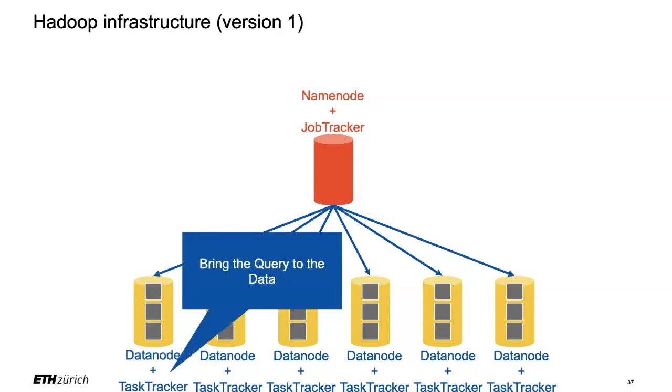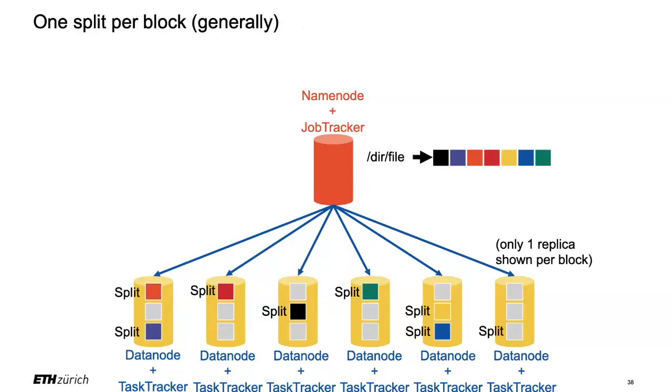This is very powerful. It is called bringing the query to the data. Instead of trying to move the data to some place where you run the calculations, you move the calculations directly to the data. On all the machines, you make the calculations. This is why we have a task tracker on every machine.